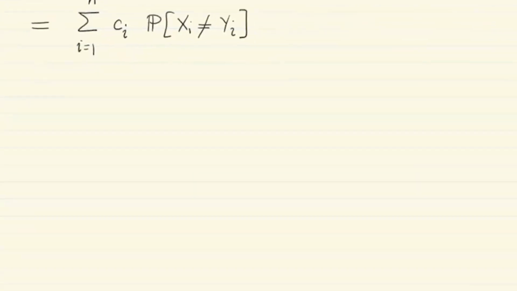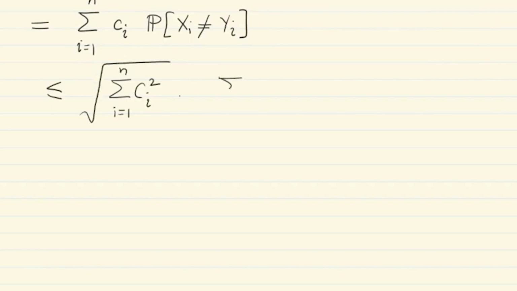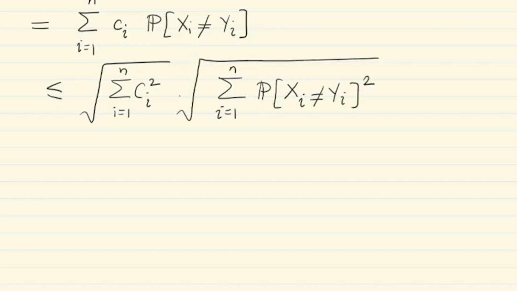And we can further upper bound this by using something like Cauchy-Schwarz: the sum over all i of Ci squared under the square root, into the sum over all i of the squares of these probabilities under the joint distribution P. Okay, this is, let's say, by using Cauchy-Schwarz.